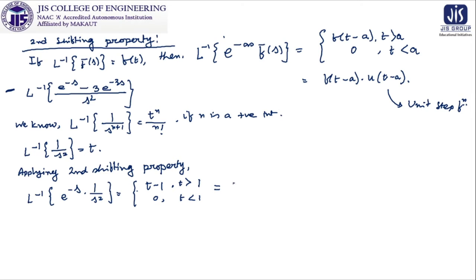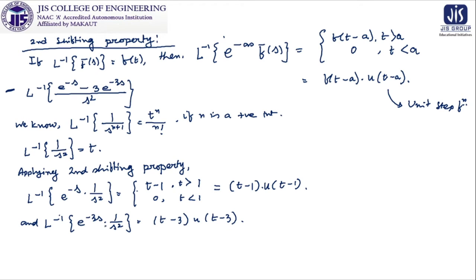We can write it as t minus 1 into u of t minus 1 with the help of the unit step function, and similarly Laplace inversion of e to the power minus 3s into 1 by s square will have a similar structure: t minus 3 u of t minus 3.